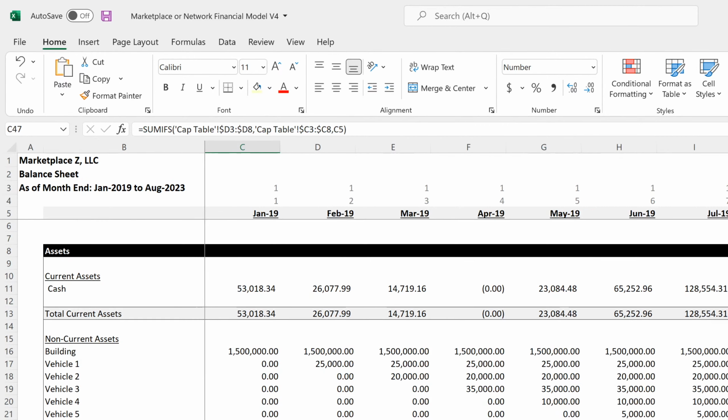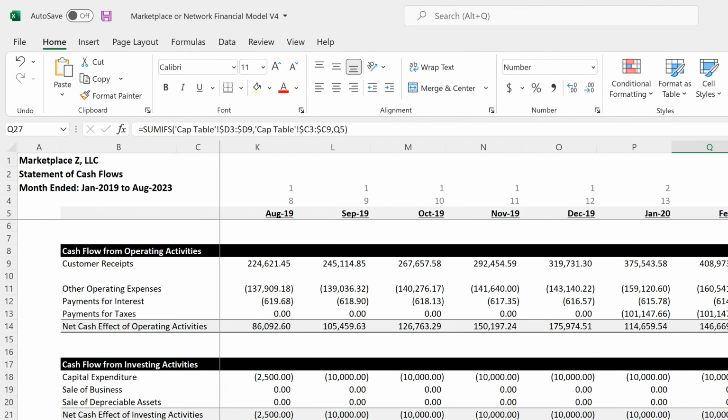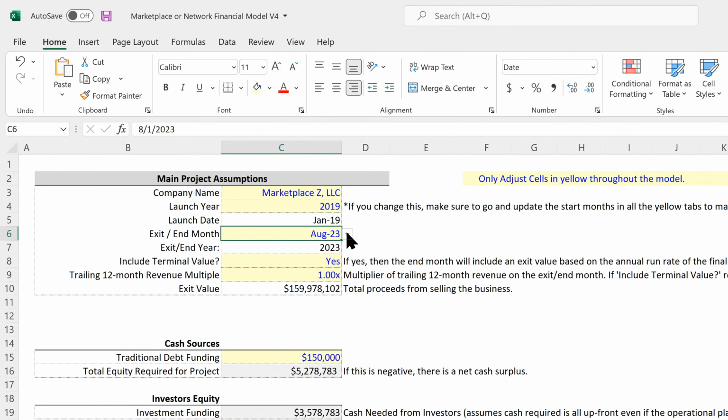We are almost there, and this is why you always do your sanity checks. This model is a little bit more complicated because of the dynamic funding logic. But we got it all reconciled, so it's all good to go. Let's do our final tests.